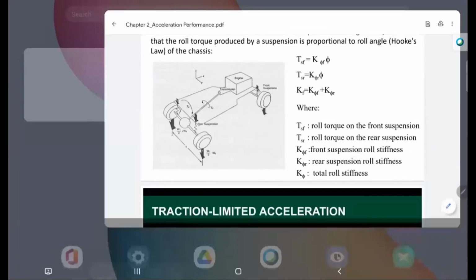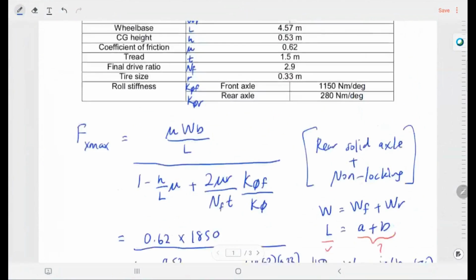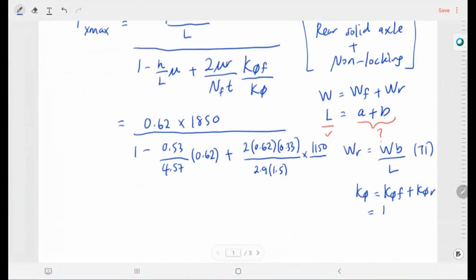Okay. Contohnya sini ialah front and K phi rear. Okay. Jadi maksudnya 1150 tambah 280. 1150 tambah 280. So berapa ni? 1430.